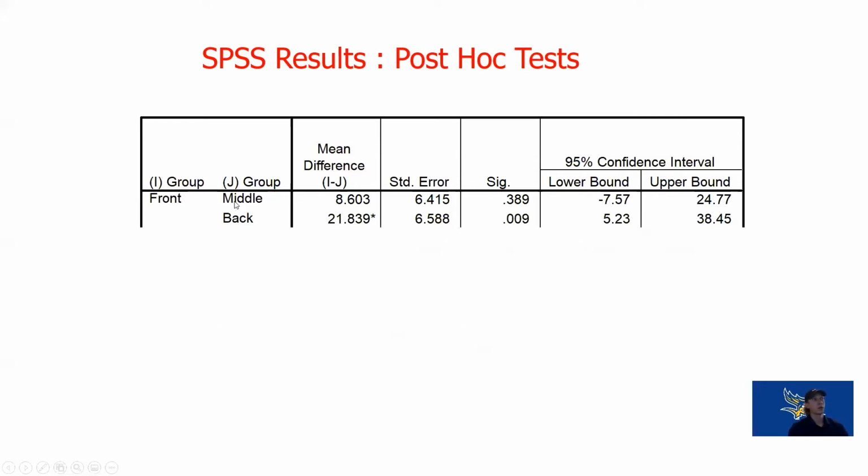We're comparing the front to the middle, and our significance level is 0.389. From the front to the back, our significance level is 0.009. In this case, we have no significant difference between the front and the middle, but we see a significant difference between the front and the back. So there's our difference there.